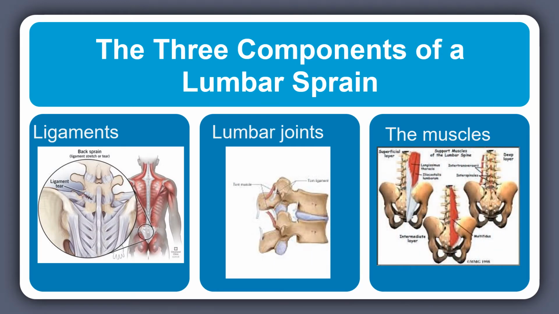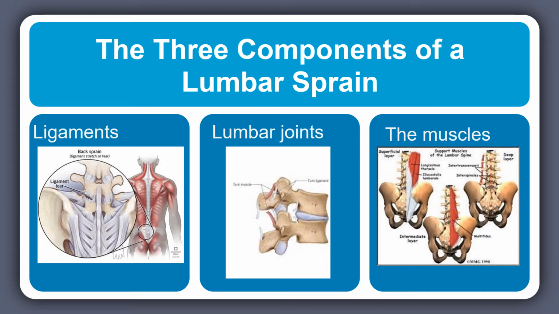As I mentioned, it's the ligaments that connect the different bones of the low back together that are affected. It's usually considered a tear in one of those ligaments, and there are different grades of tears that can happen. Since the ligaments connect the bones, the lumbar joints are also involved in a lumbar sprain.